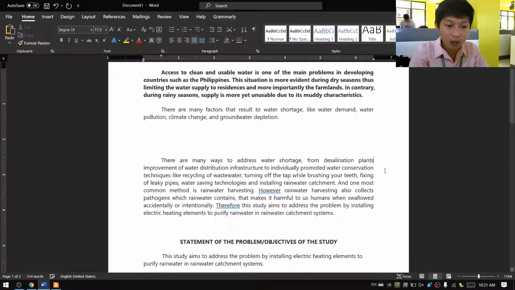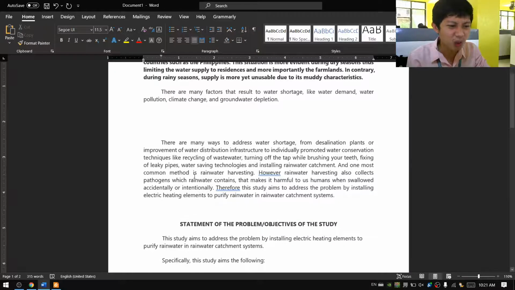What individually promoted water conservation techniques like desalination plant and improvement of water distribution infrastructure has nothing to do with recycling wastewater and turning off the tap. You're talking about too many things which are different.